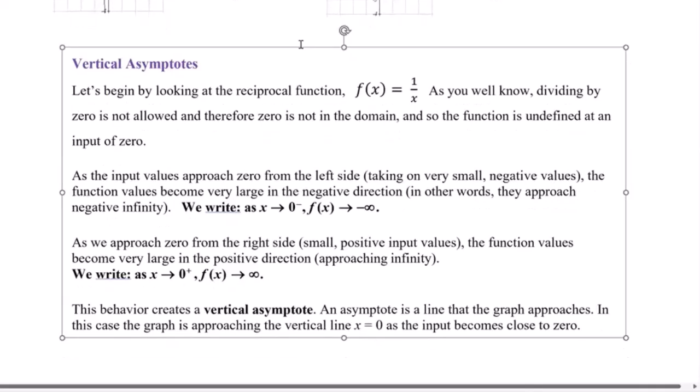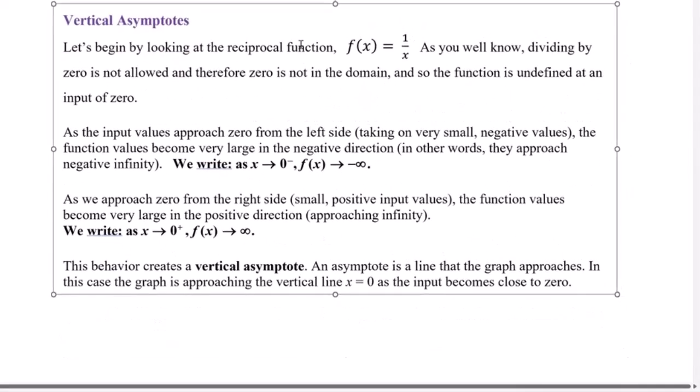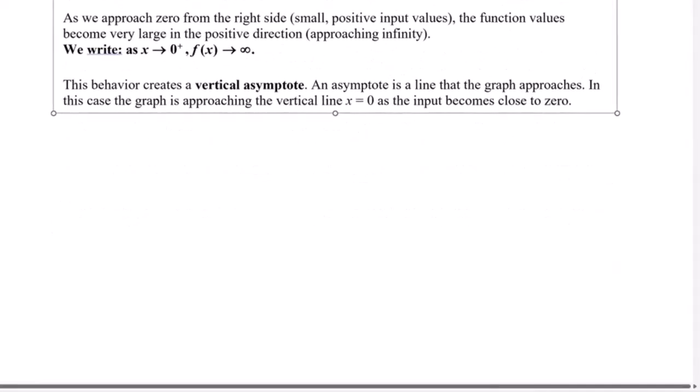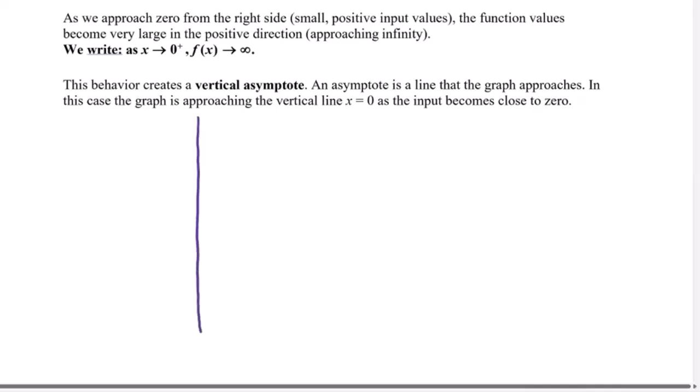So vertical asymptotes. Let's use the function 1 over x. And I'm going to draw it a little strange to help see what exactly is happening. Okay? So let's just say we have y equals 1 over x. This is the x-axis. This is the y-axis.